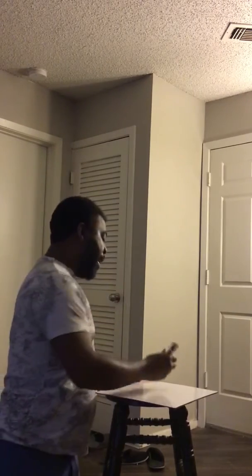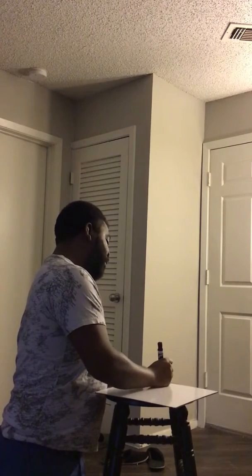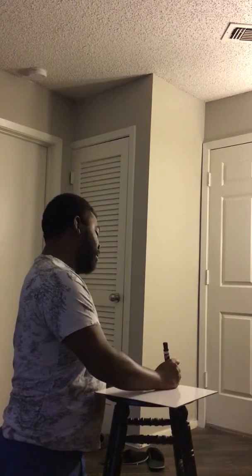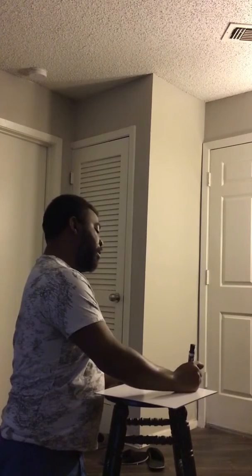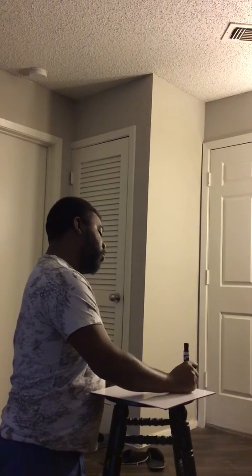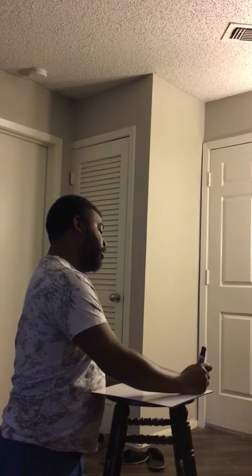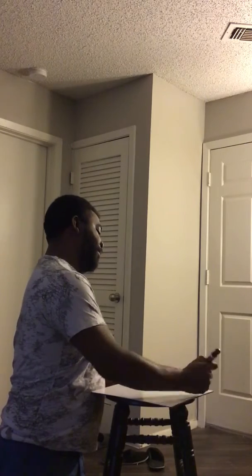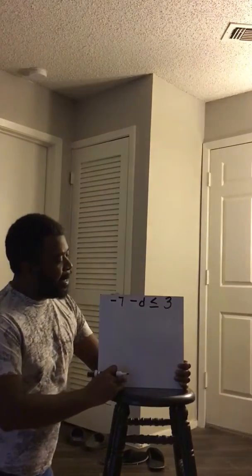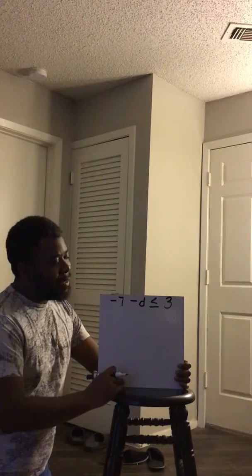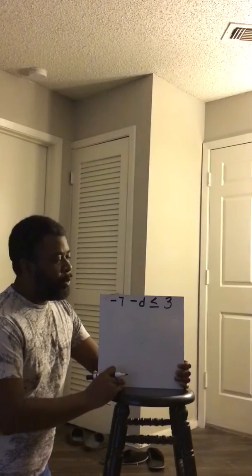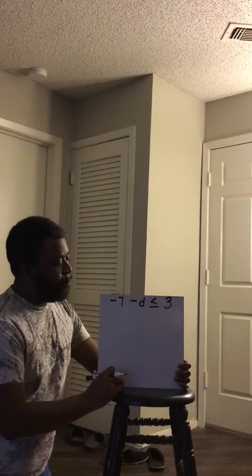Let's say we have -7 minus D is less than or equal to 3. Okay? Here is our problem. -7 minus D is less than or equal to positive 3.